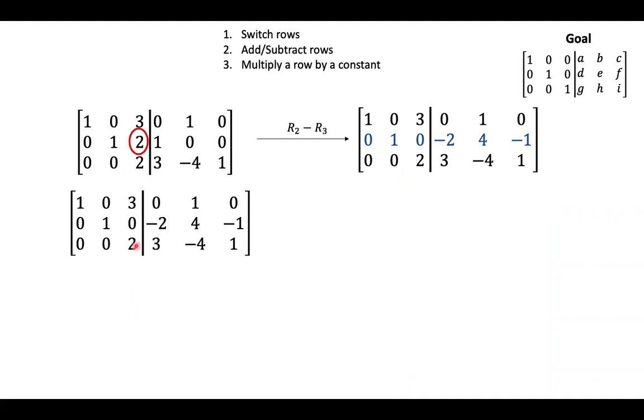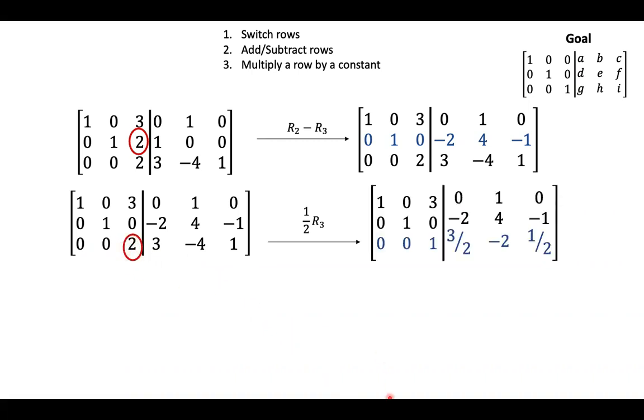Now let's look at this bottom right 2 on this matrix. We want that bottom right 2 to become a 1. So in order to do that, let's just multiply this third row by a constant. If I multiply this third row by 1/2, that'll give me a 1 in this spot.